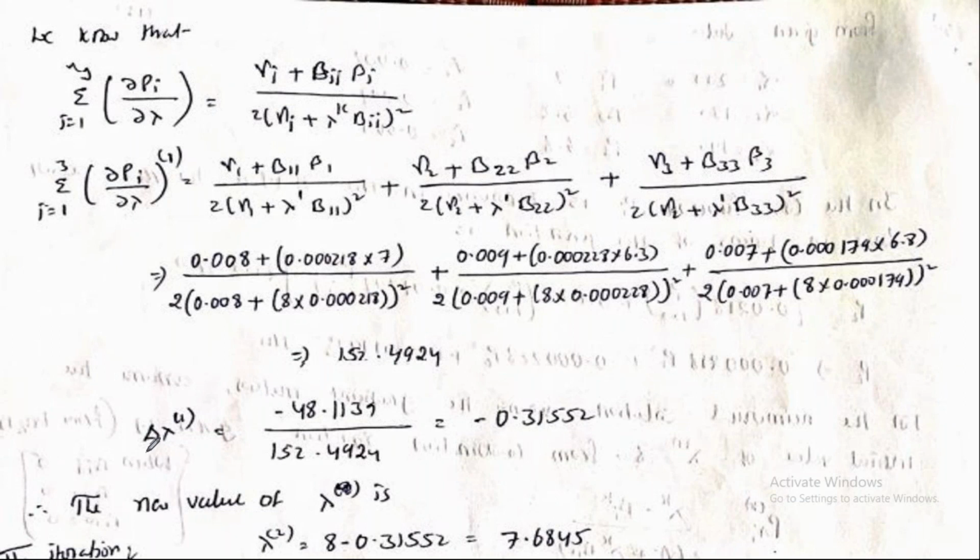So this is the updated lambda value, and the numerator you have already got, that is the power balance value delta P. So the value is delta P divided by this expansion.